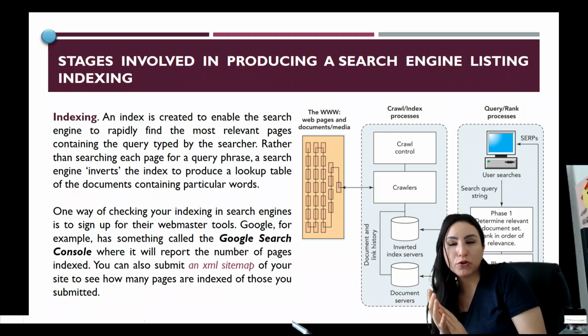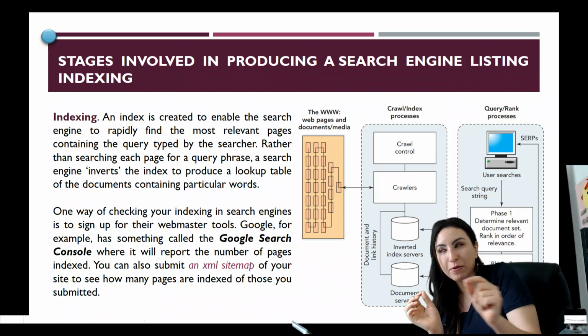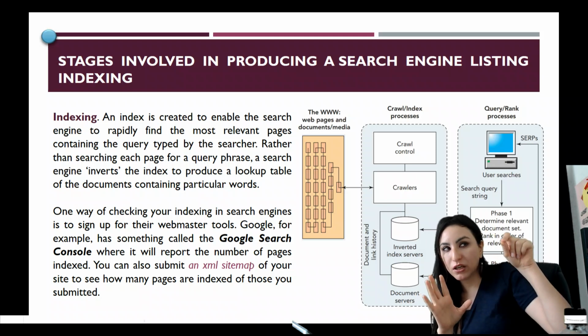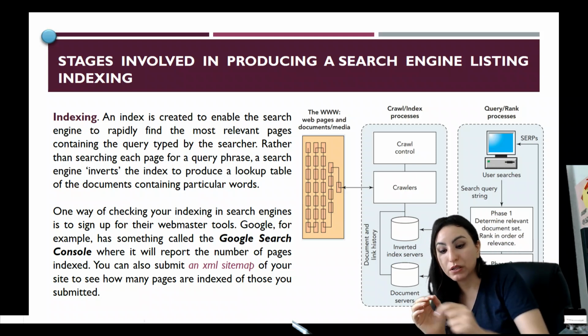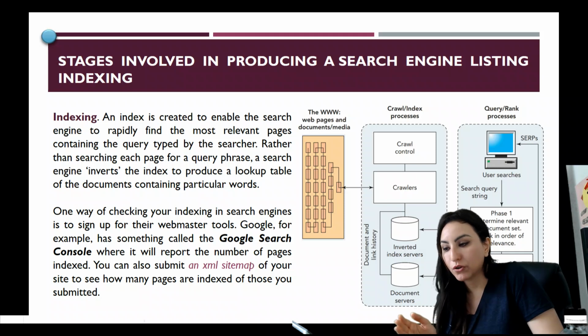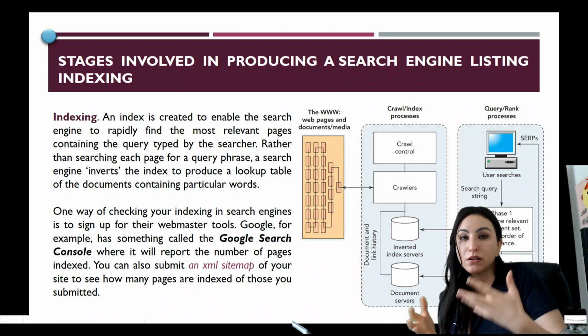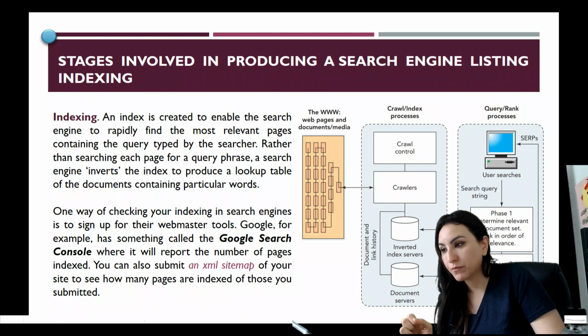But the sitemap we're talking about is a sitemap in the background, and this is why it's XML. Do you know HTML? This is not HTML. This is a markup language called XML. We're going to talk about it in future videos. It's in a certain format that makes it easier for the search engine to map out the site.